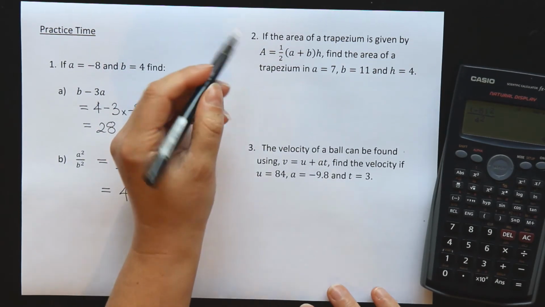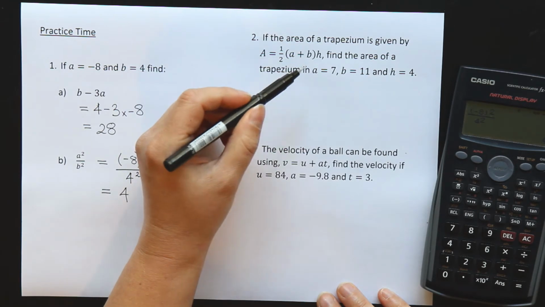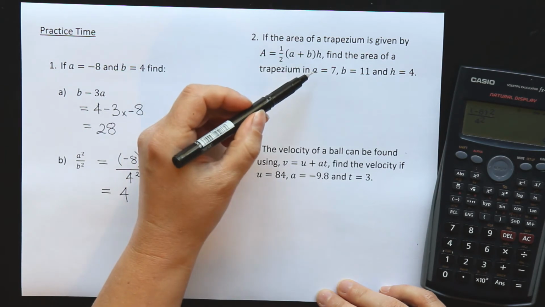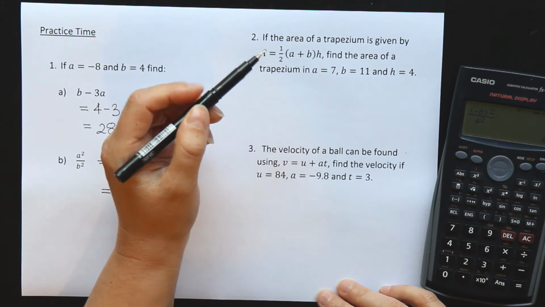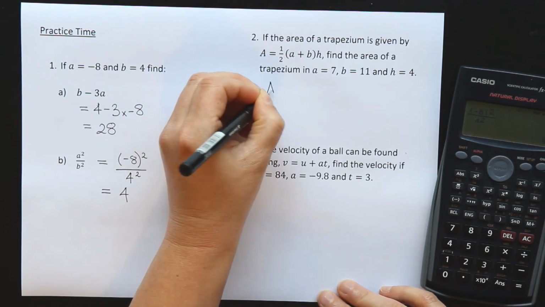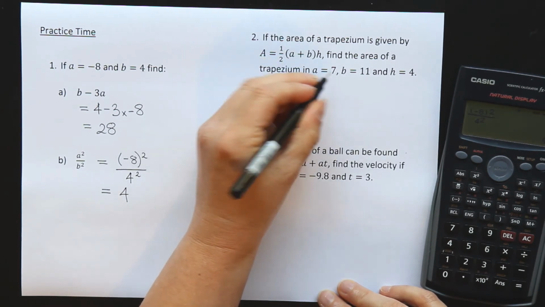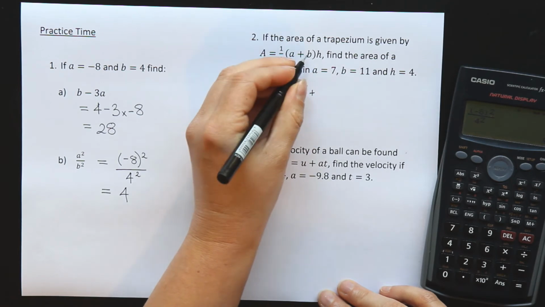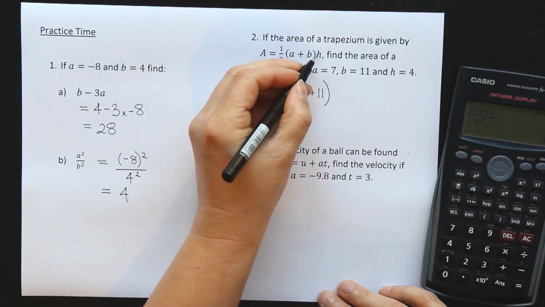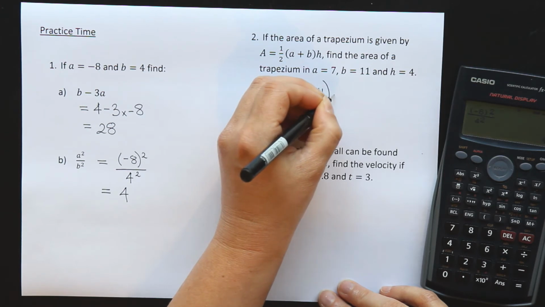Question 2. If the area of a trapezium is given by A equals half bracket A plus B close bracket H, find the area of a trapezium if A is equal to 7, B is equal to 11, and H is equal to 4. So A is equal to half bracket, instead of A I have a 7, plus B, instead of B I'm going to write 11, close bracket, then we have an H. H is equal to 4, so the 4 is here at the end.